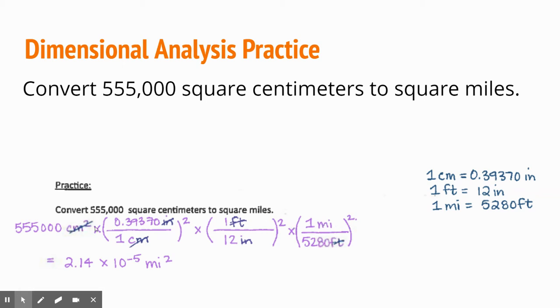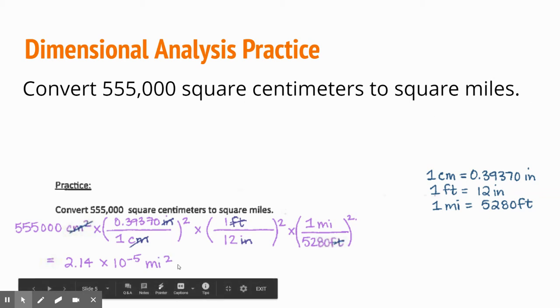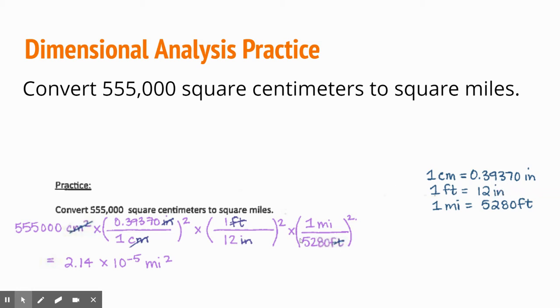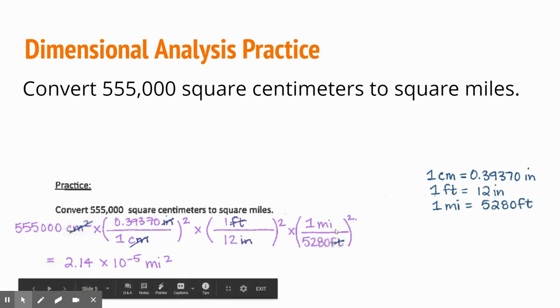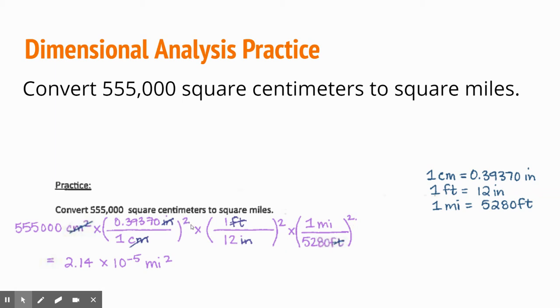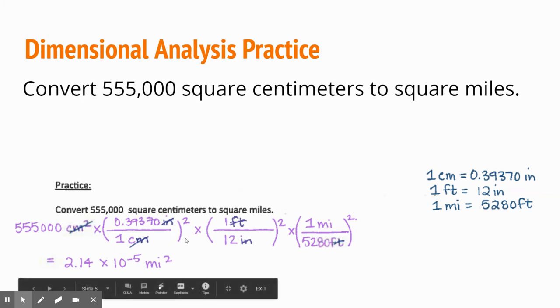Because I started with square centimeters and I want to go to square miles, my conversion factors are not in squared units. I need to square my steps. I can do this by squaring or writing them out twice.